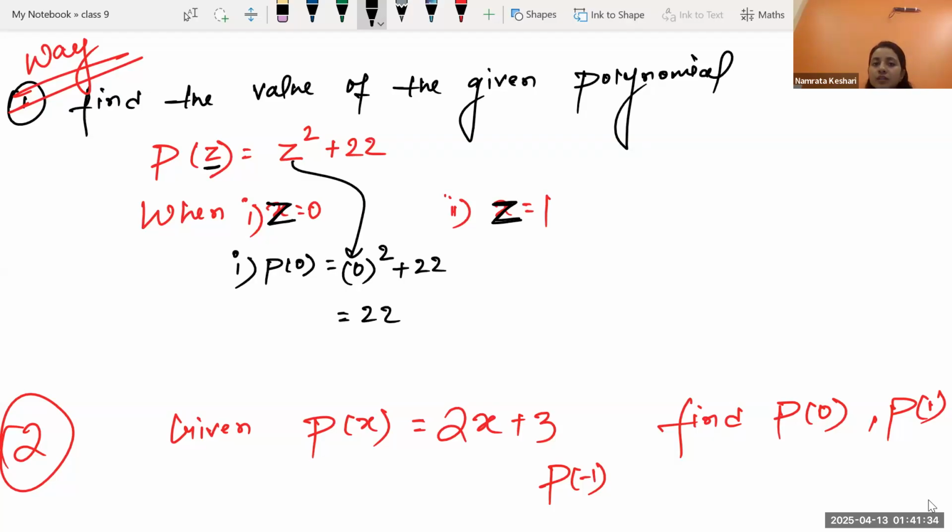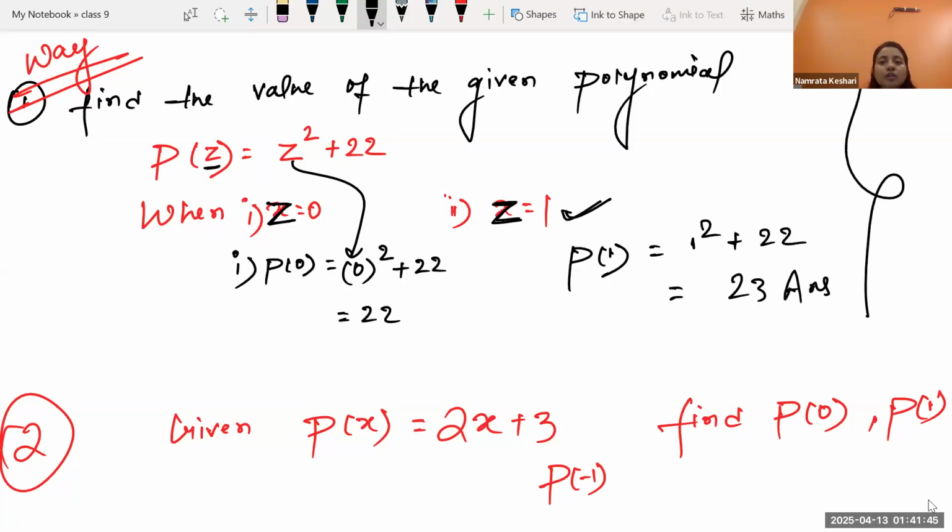When z is 1, then in the place of z you will substitute 1, and your answer will be 23. So whatever you are doing here, same thing you will be doing here. A question can be asked in these two different ways, but we are going to do the same thing. Are you getting it?